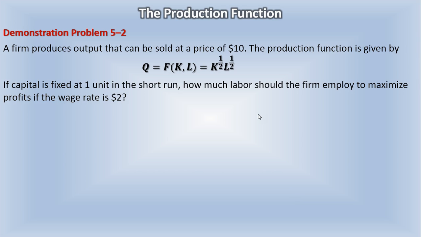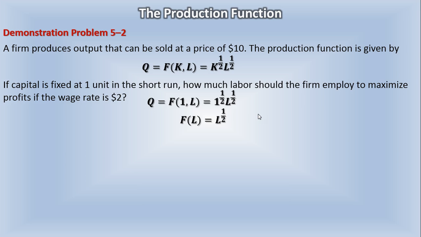The only way to expand output in the short run is by changing the amount of labor. So plugging in K equals 1, we're left with this production function, which is a short run production function, which will give us the total product given varying amounts of the labor input.